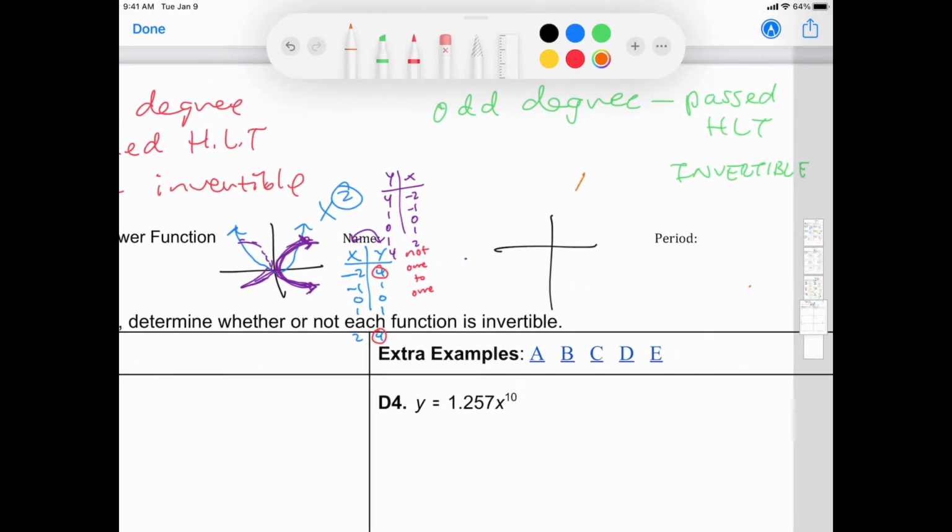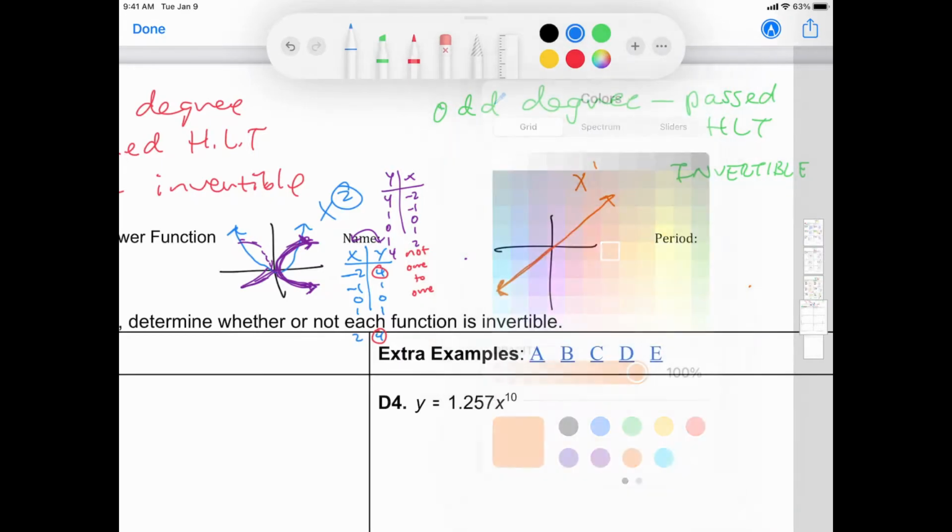We use x to the first. And what color have I not used over here? Let's use green. Okay, if I rotate, let's take this one.